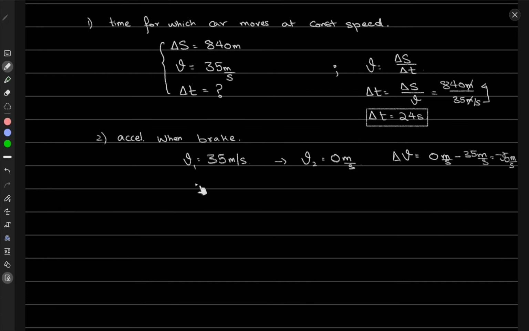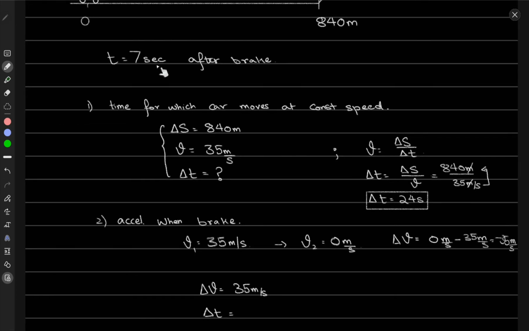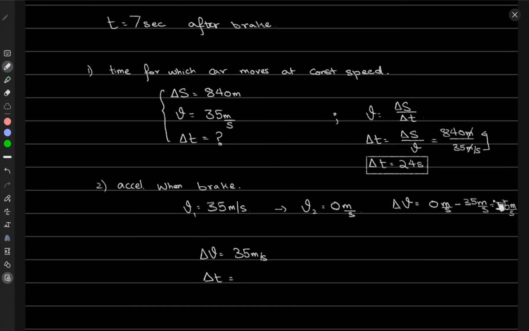So that's the change in velocity. Now I have delta V as minus 35 meters per second, and I have delta T, which was 7 seconds after the brakes were applied. It took 7 seconds for the car to attain this velocity of 0 meters per second, or you can say it took 7 seconds for the car to go from 35 meters per second to 0 meters per second, which is at rest.